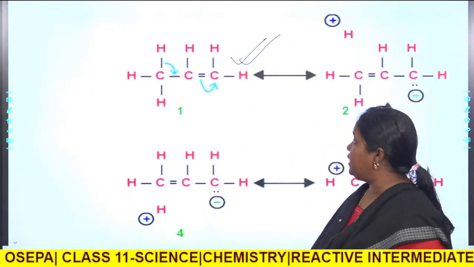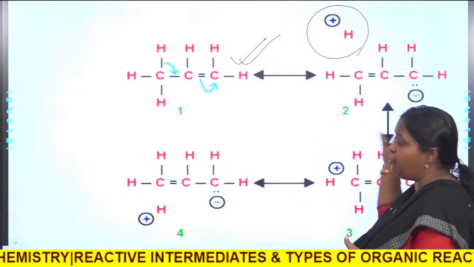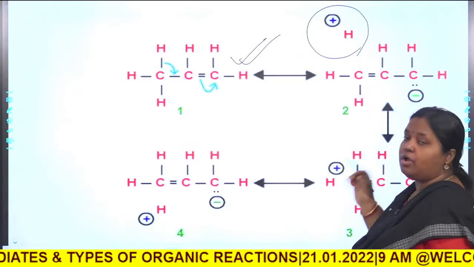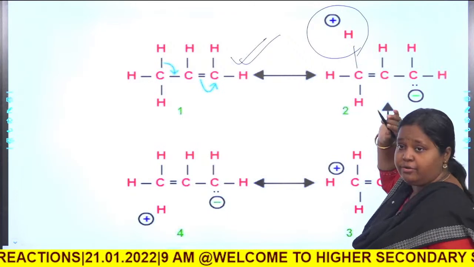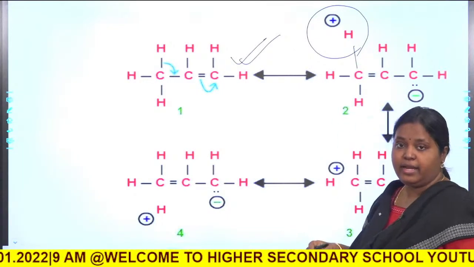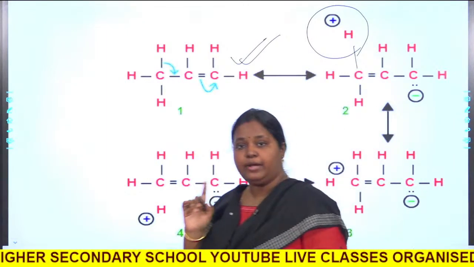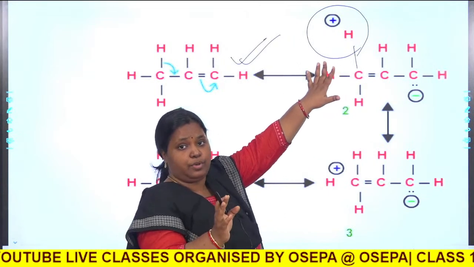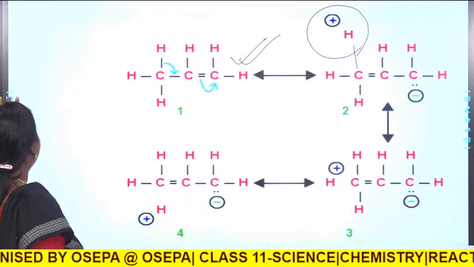See, this hydrogen actually does not leave the space, it remains in that position, and hence it is called no bond resonance, because there is no bond between carbon and this hydrogen but still it is staying there. The position of the hydrogen remains the same. Remember this most: it does not go outside the molecule.